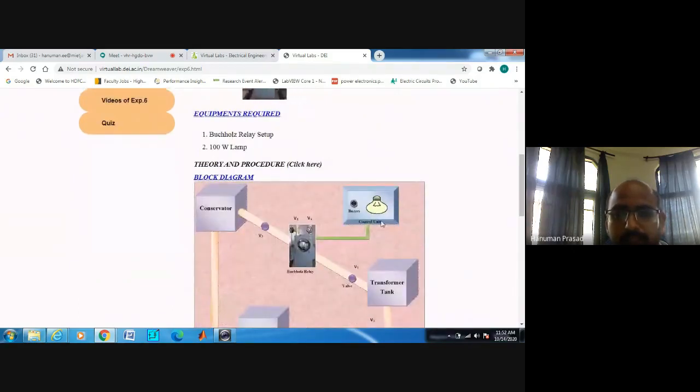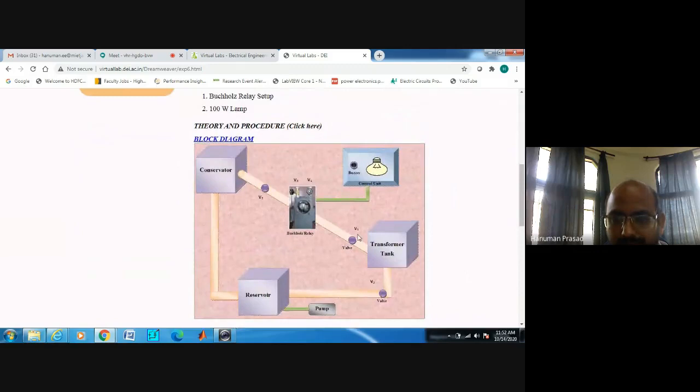This is the systematic block diagram of the Buchholz relay. It consists of valves V4 and V5. Valve V4 is used for oil release from the Buchholz relay, and V5 is used for air release from the Buchholz relay. It is connected to the control unit.